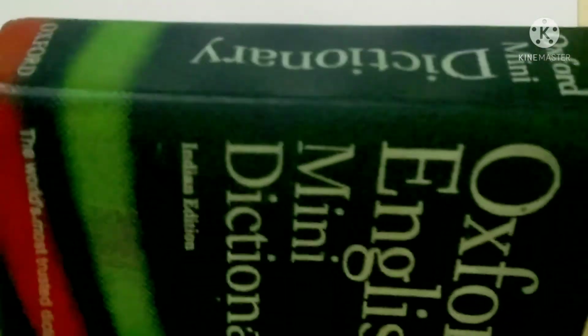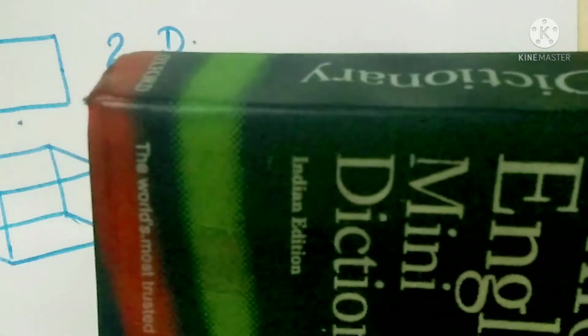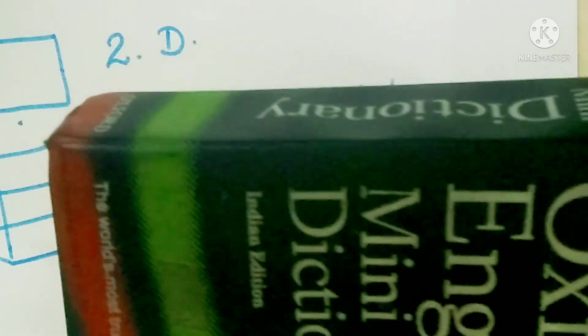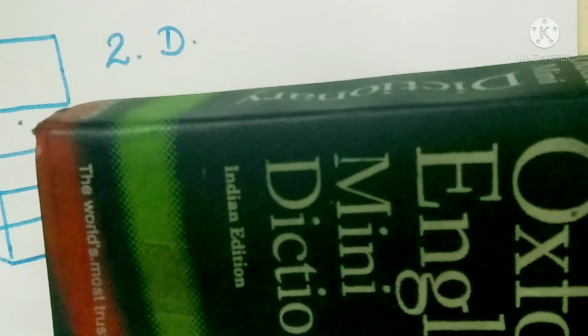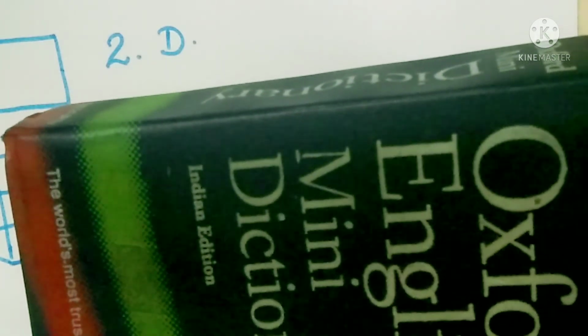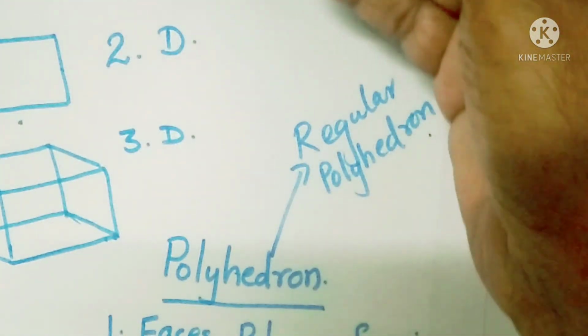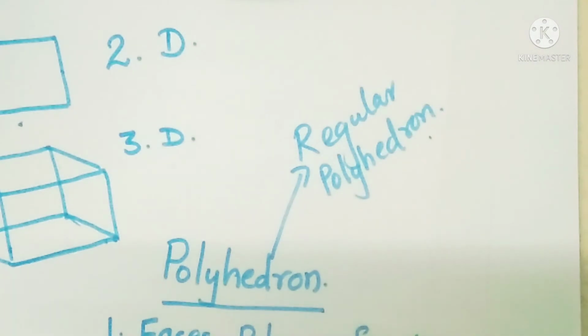All three types of faces should be equal or congruent. Actually, I don't have a cube with me, otherwise I could have shown you. The cube, the dice with which you play snake and ladder, all such things are examples of cubes. Okay. So, they are all regular polyhedrons.